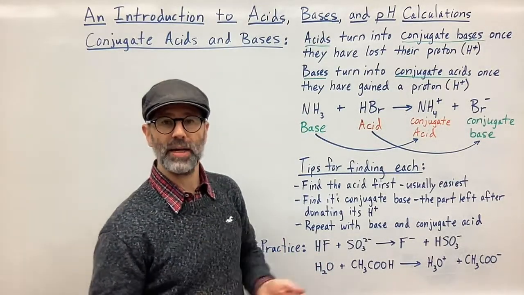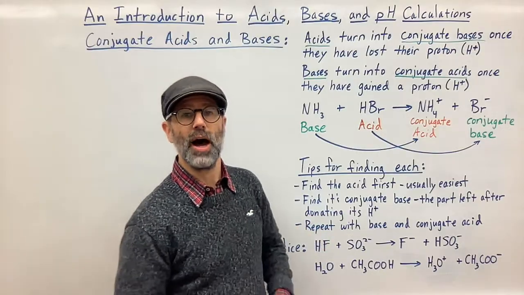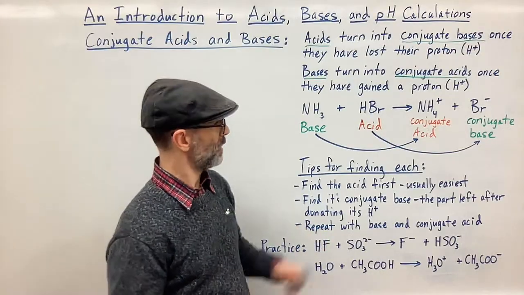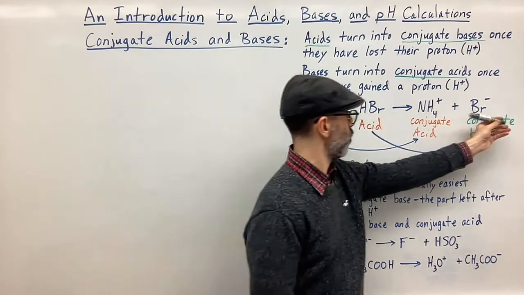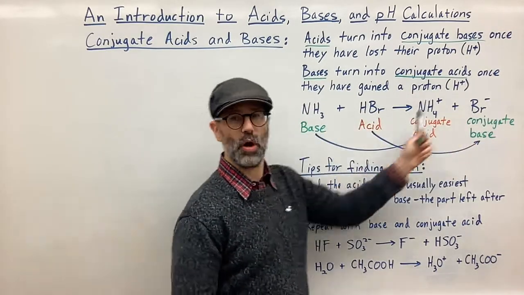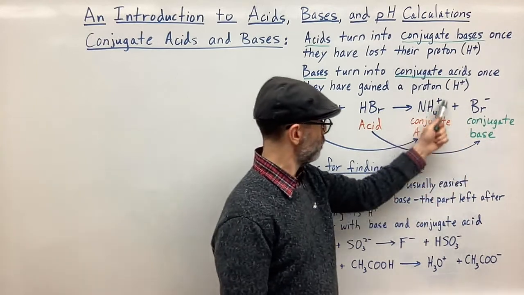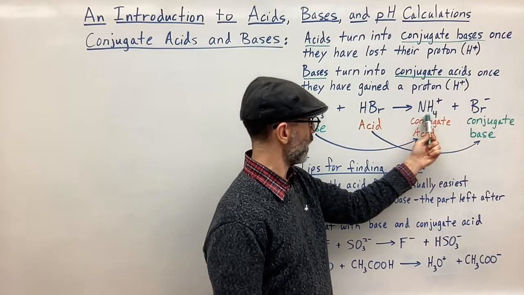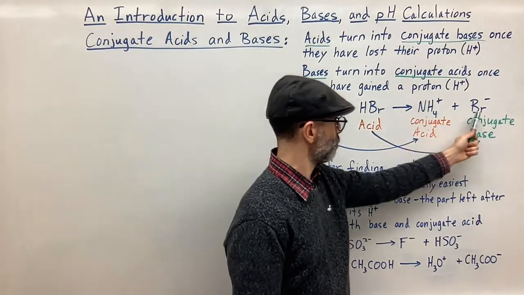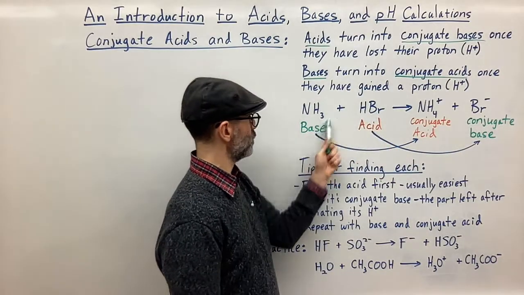The way to understand the conjugate acid and conjugate base is to think of the reverse reaction. If it was to go in reverse, then what would be the acid and base on this side? Well, this would act as the acid, because then this would have to donate a hydrogen to your Br to get HBr back and your NH3 back.